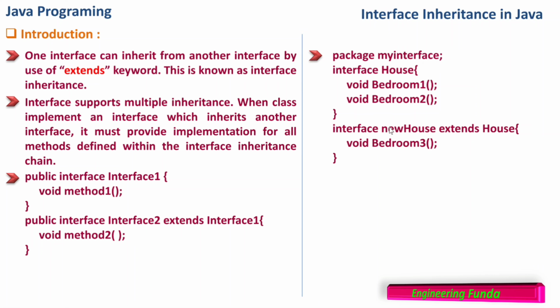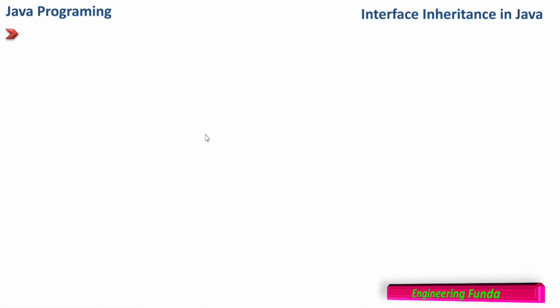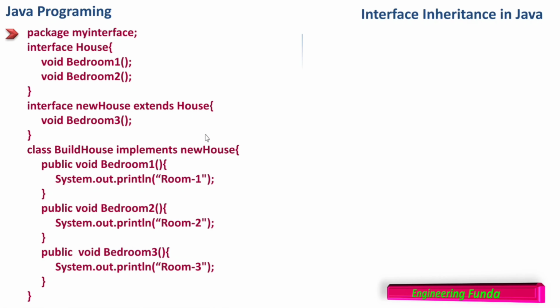NewHouse has bedroom 3. So bedroom 1, bedroom 2 and bedroom 3 are all members of NewHouse. As per this, whatever class implements NewHouse should write the methods for bedroom 1, 2 and 3, all three. This will become clearer when we see the detailed example.